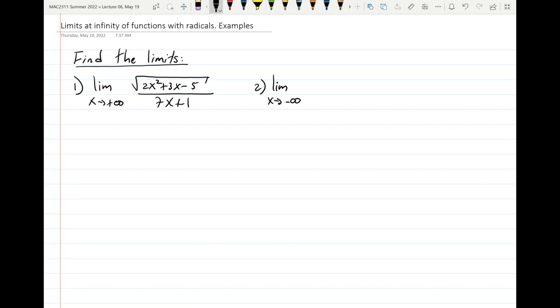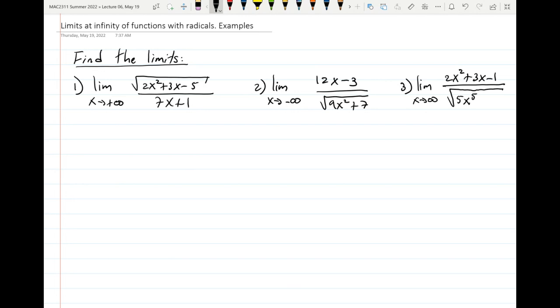Okay, so the first one was as x approaches positive infinity. Now let's do one as x approaches negative infinity of 12x minus 3 over the square root of 9x squared plus 7. And then let me put one that has a higher degree. So let's do 2x squared plus 3x minus 1 over the square root of 5x to the 5 minus 2x cubed plus x minus 2.